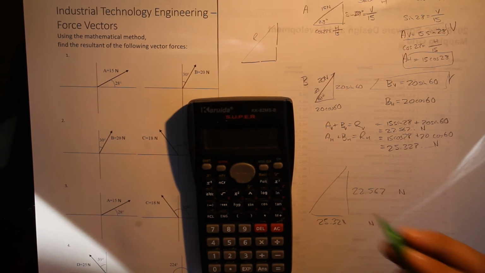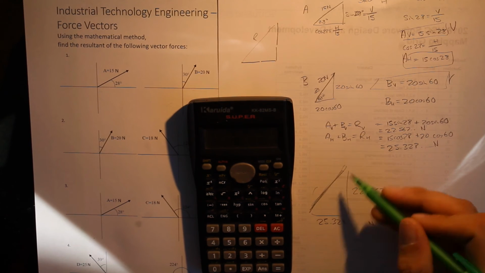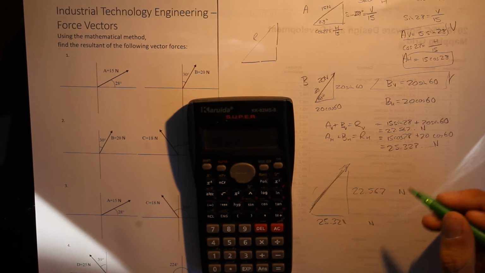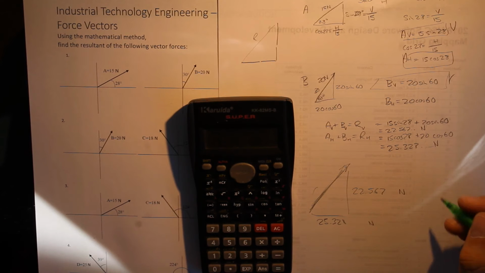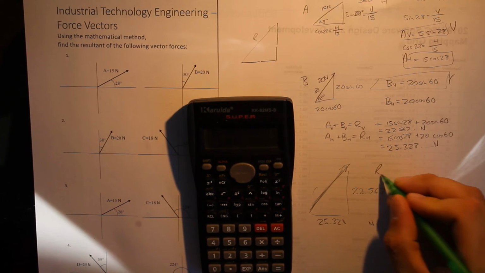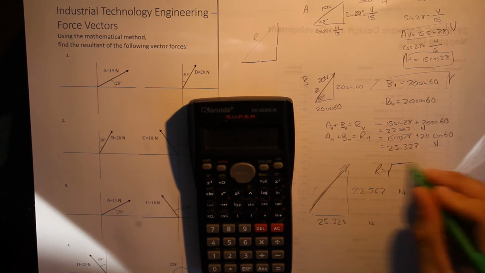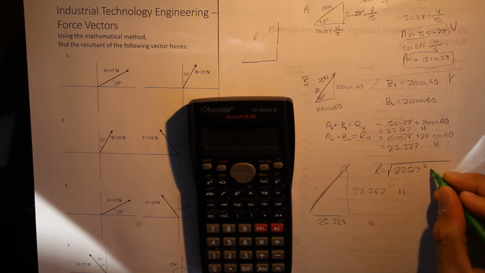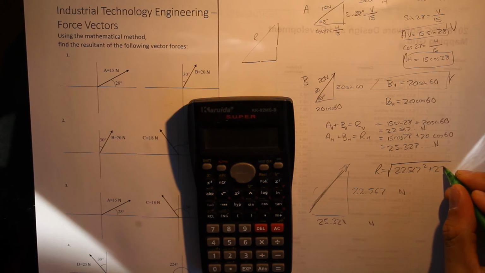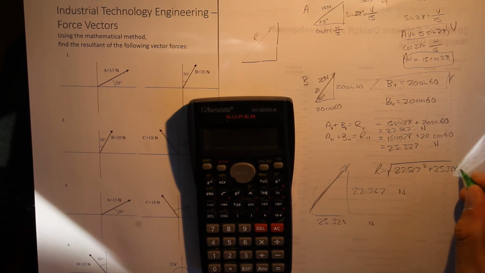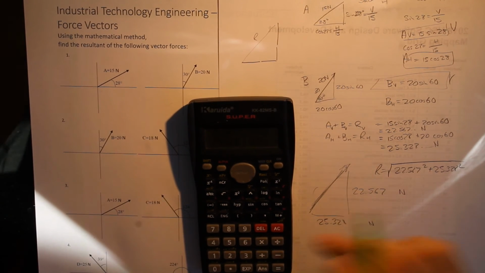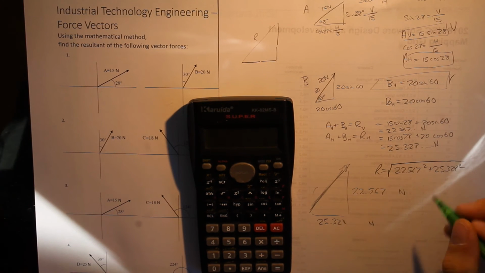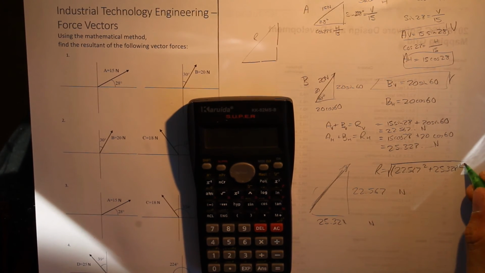newtons. I need to know the magnitude of my resultant. I can find that using Pythagoras' theorem. So the magnitude of my resultant is going to equal the square root of 22.567 squared plus 25.328 squared. You do need to be careful here that when you put this in the calculator, you are grouping all of this.